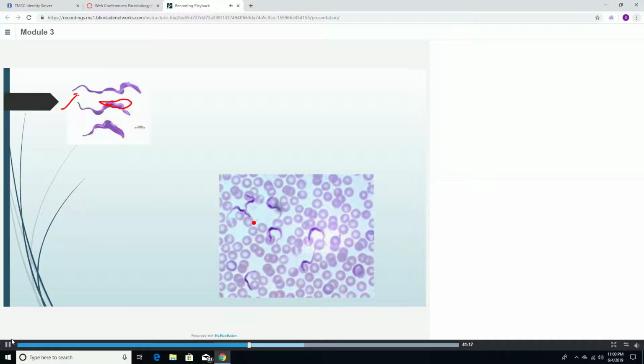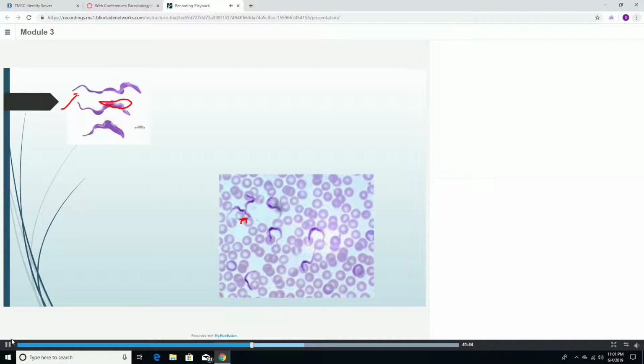You could also sometimes see a nucleus inside the parasite. I'm trying to draw an arrow there to that nucleus. And that's the Trypanosoma trypomastigote form. So this could either be Trypanosoma brucei rhodesiense or Trypanosoma brucei gambiense. Again, it's depending on where the infection occurred.